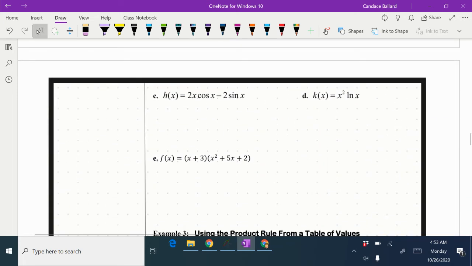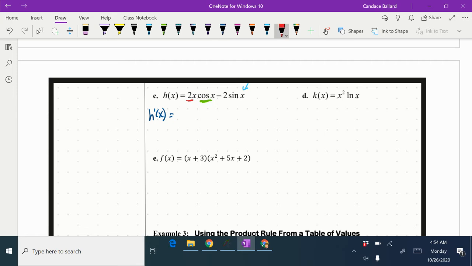All right, let's try a few more. So this one here, notice the product rule in C is just the product rule on this piece. The back piece is just a regular derivative. So I am going to start with my product rule. I am going to take the derivative of the first, because I know it's 2x times cosine x.